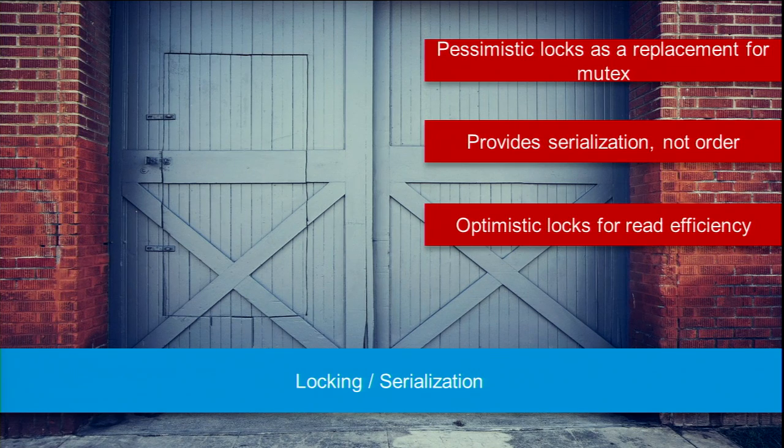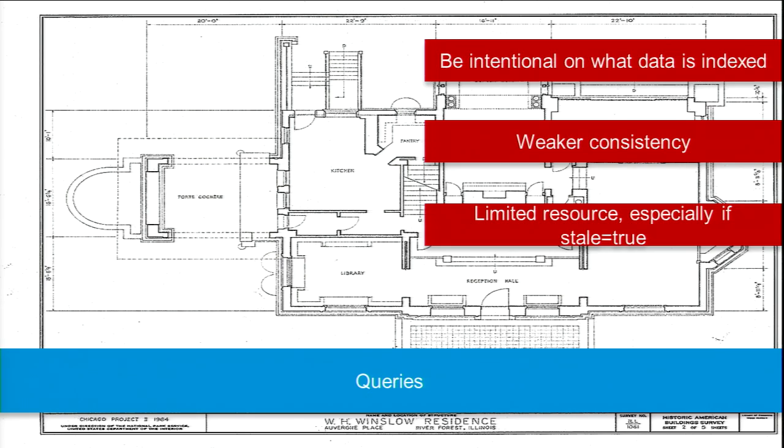So if you have calls 1, 2, 3 go in for the same key, it's very possible call 1, if it went in first, probably would get the lock, but then when it releases the lock, call 3 may be the one that picks it up first. You can use optimistic locks for read efficiency, but they're not going to really give you much efficiency on writes if you're needing to optimize that.